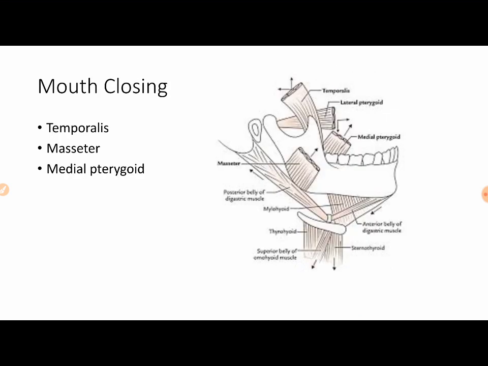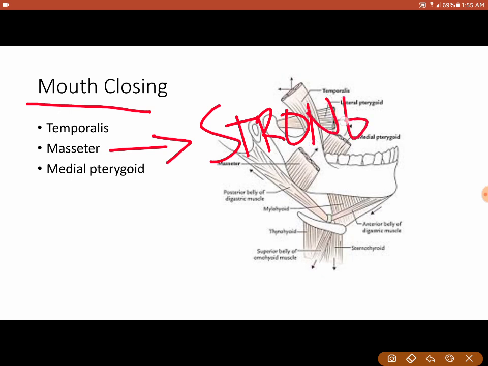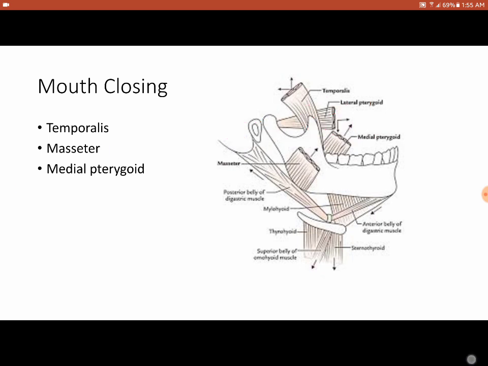So your temporalis, masseter, and medial pterygoid are responsible for mouth closing. And among those three muscles, your masseter is the strongest. And by trivia, your masseter is the strongest muscle in our body.